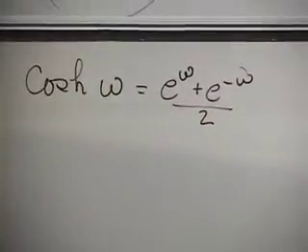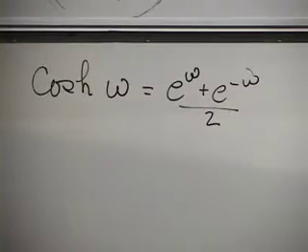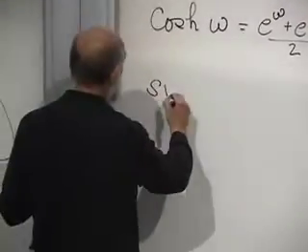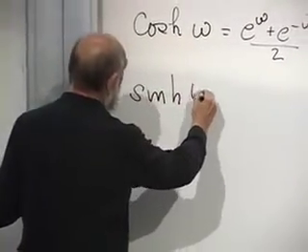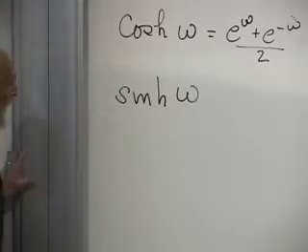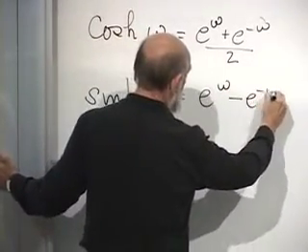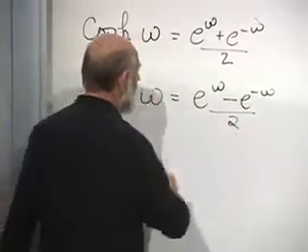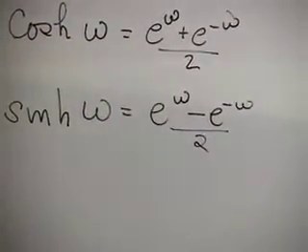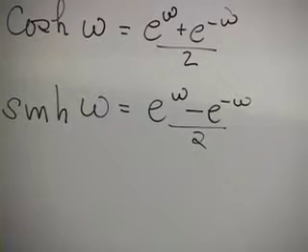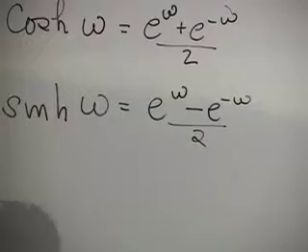All we do is substitute omega for theta, or for i theta. And that gives you hyperbolic functions. Similarly, there's the hyperbolic sine. And that's given by e to the omega minus e to the minus omega over 2. Essentially, you throw away all i's out of the top formulas. Just throw away all i's.